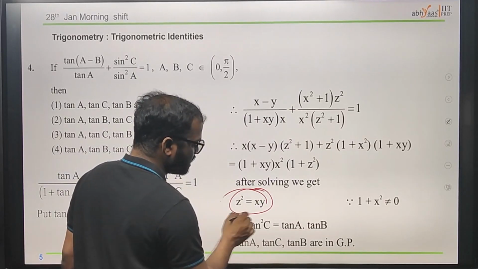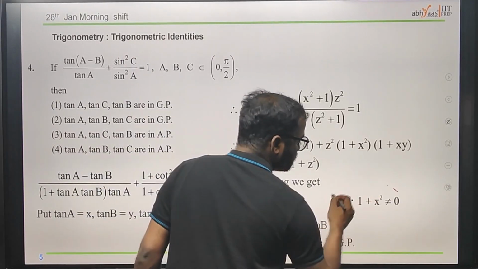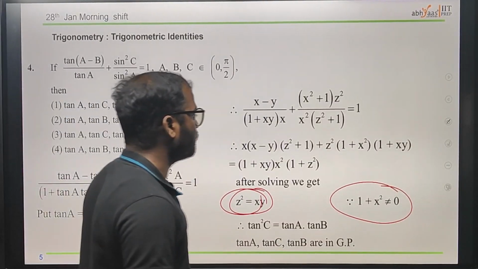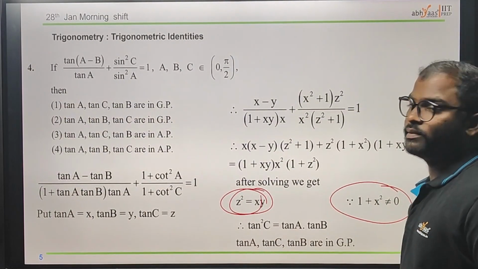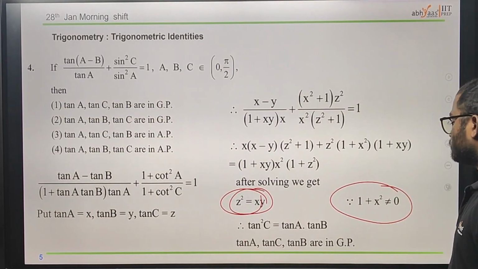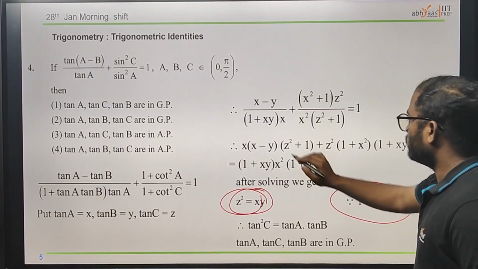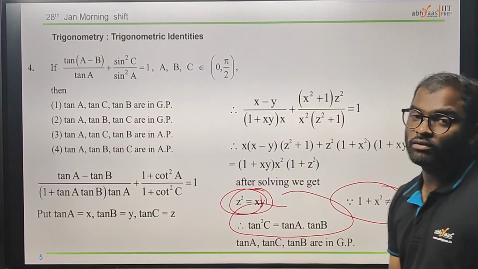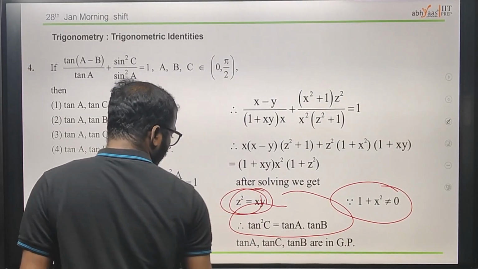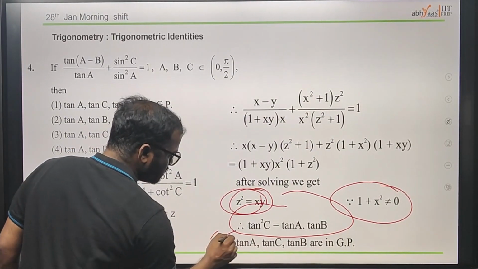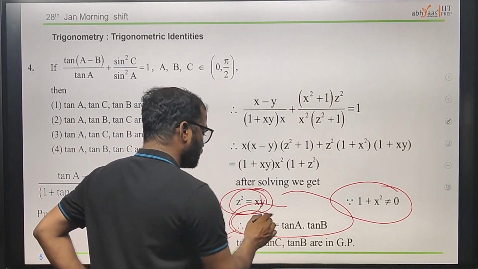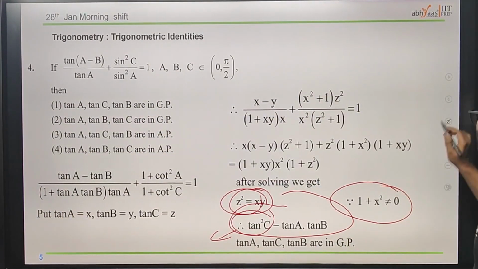We take this because 1 plus x square is not equal to 0, otherwise it would be undefined. I hope you understood. Therefore tan square c equals tan a into tan b, so we can easily see that tan a, tan c, tan b are in GP, since tan square c can be written as tan a into tan b.